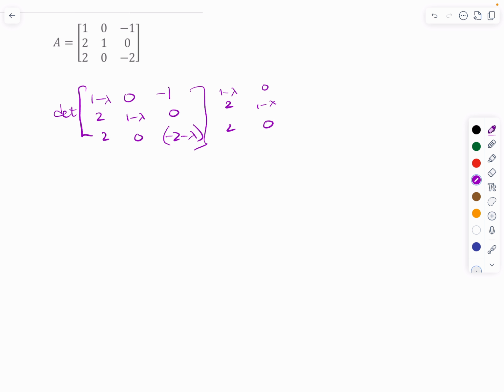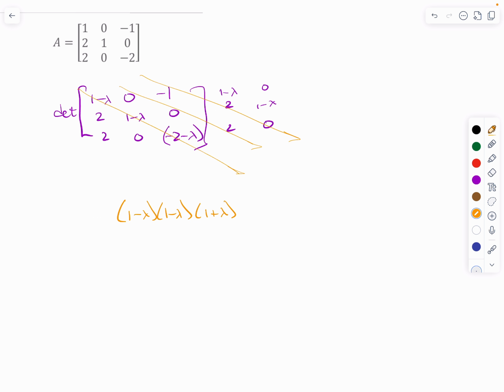So this is the trick that you can do with 3 by 3 matrices. Down diagonals. Looks like the only one that's going to be non-zero is this one. So that down diagonal, I can factor out negative 2. What am I doing?